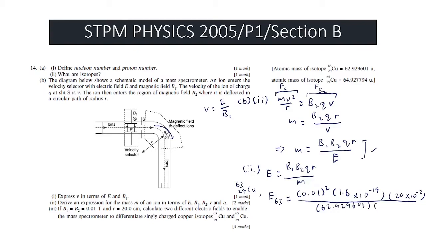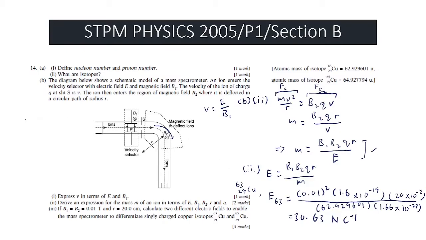So we multiply this with 1.6 times 10 to the negative 27. I get 30.63 Newton per Coulomb.